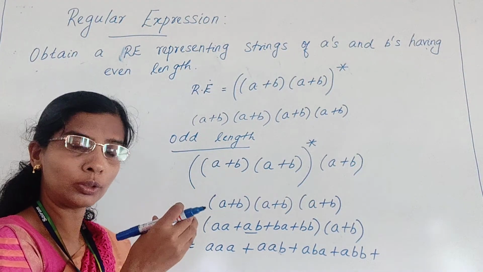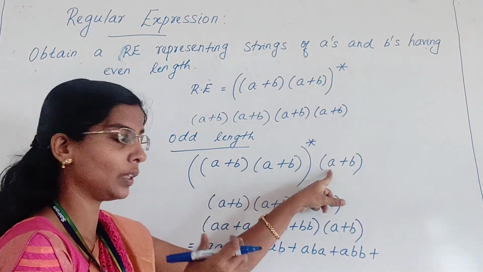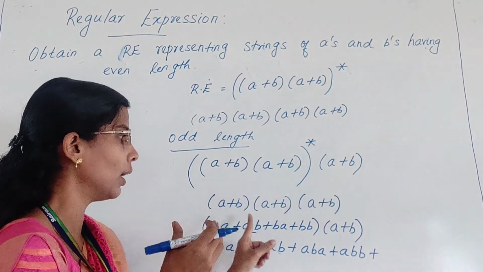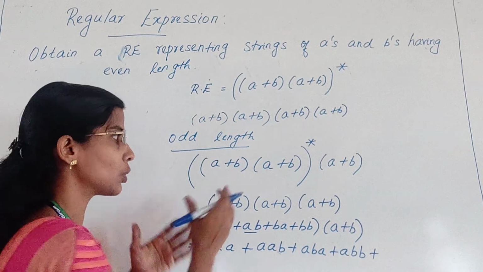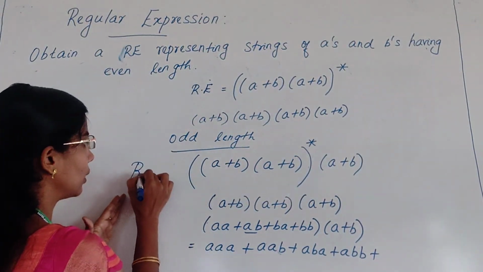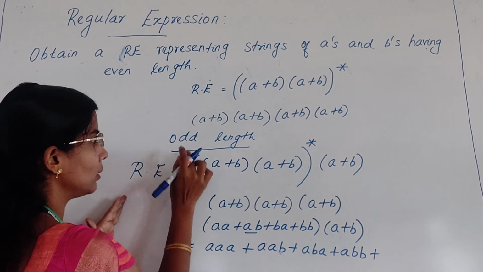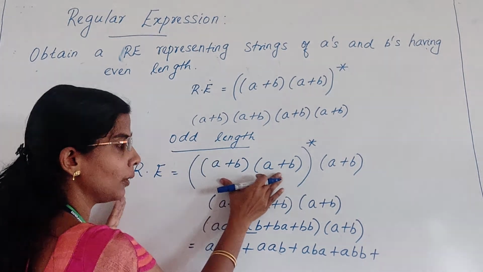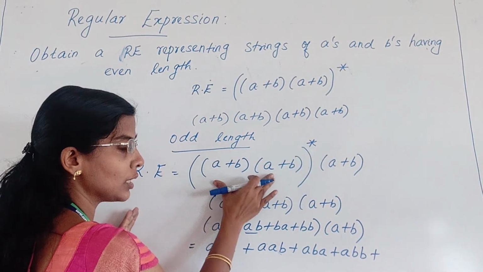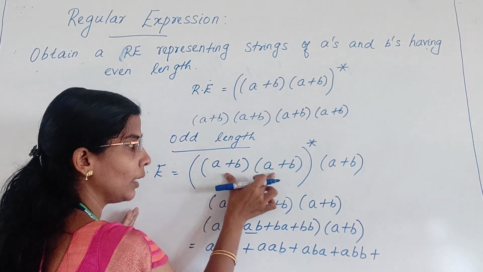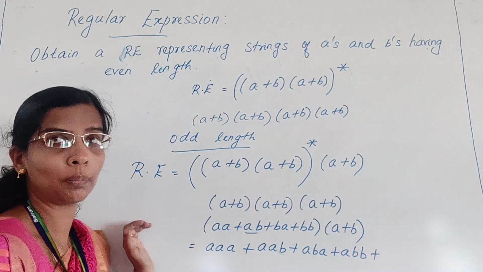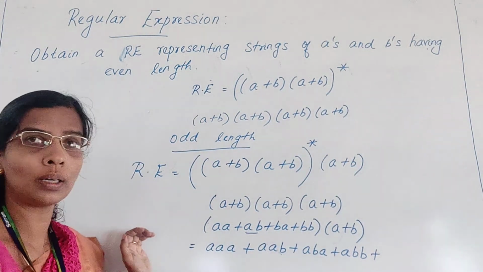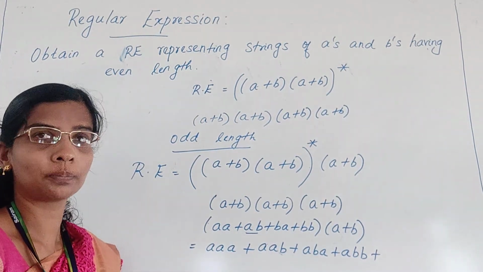So, even length of string, when it is multiplied with odd length, I'll get odd length of strings. So, which is your answer? For odd length, this is the answer. Even length of strings, since it is even length, I have this star operator, multiplied with A plus B, will give you the odd length of strings.